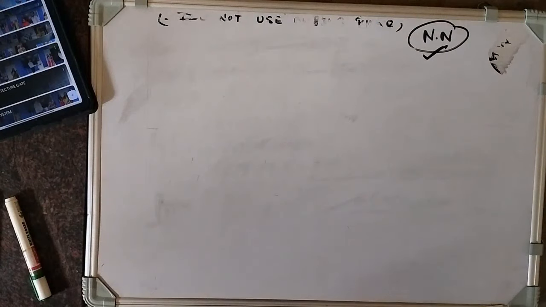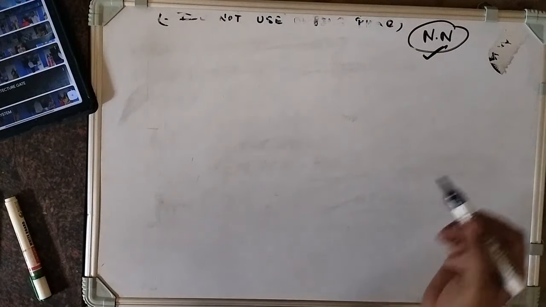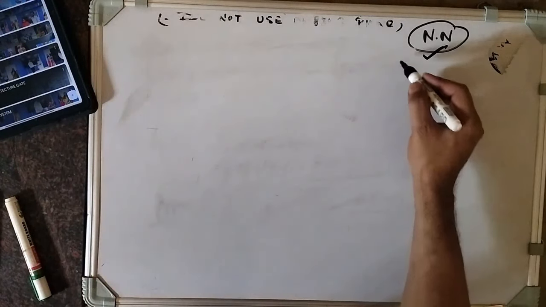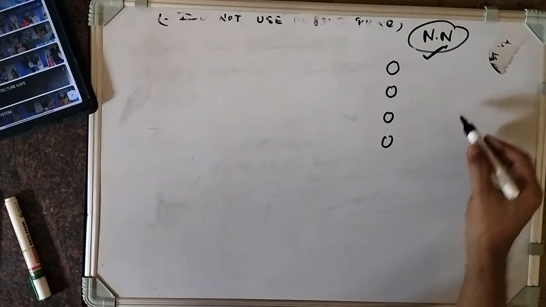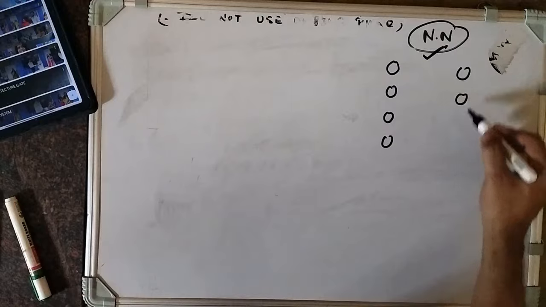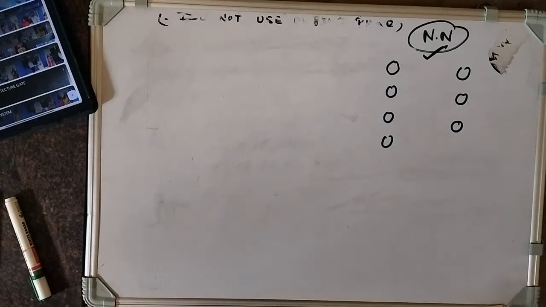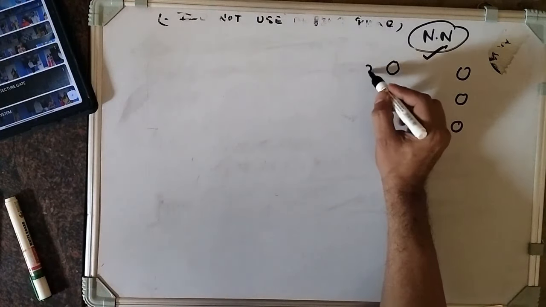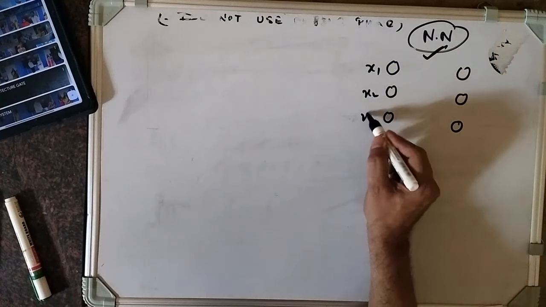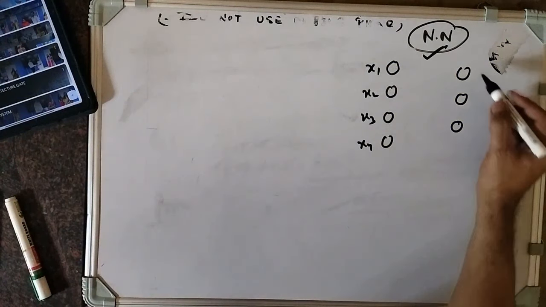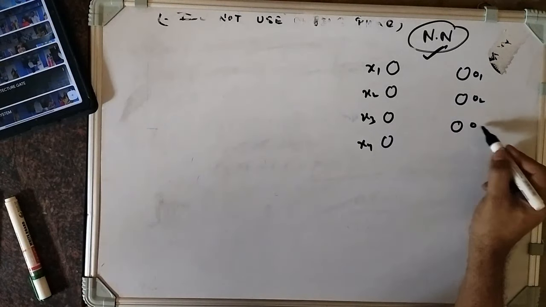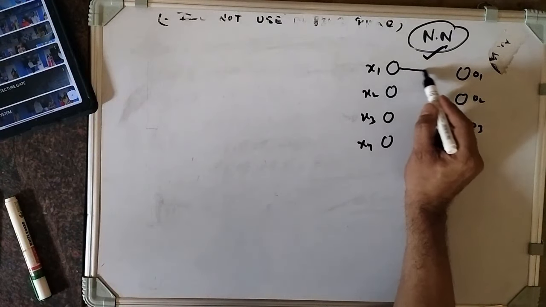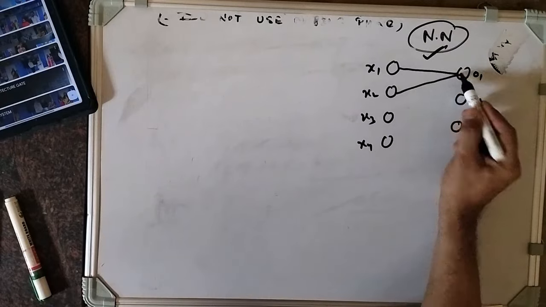Second question. Suppose there are inputs 1, 2, 3 and 4, and the total number of neurons is 3. So I write x1, x2, x3, x4. This is output 1, this is output 2, this is output 3. So 100% the weights will be associated.